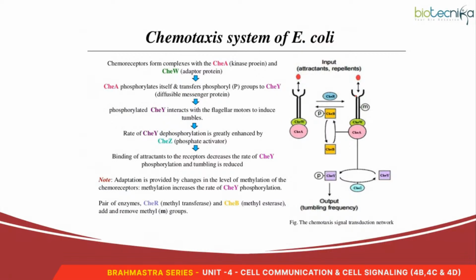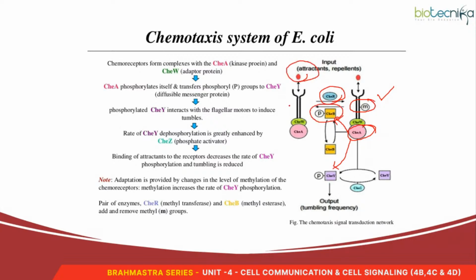And why does this happen? Remember, when the repellent binds to the receptor, CheR will add a methyl group to the receptor, thereby activating it. When CheA is activated, it adds phosphate to CheB on one side and CheY on the other. That will result in tumbling. On the other hand, when an attractant binds, we have the phosphorylated CheB.